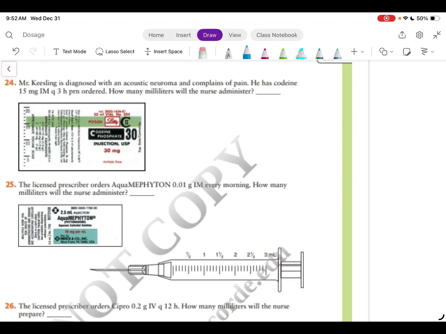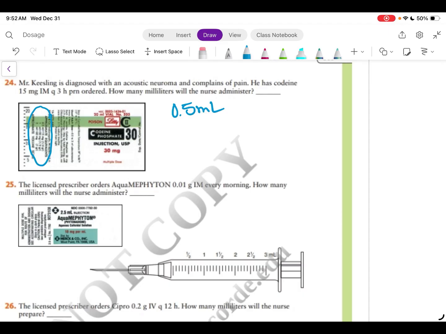All right, let's see. Number 24. There's an order for codeine 15 milligrams. How many milliliters will the nurse administer, right? If you're looking at the label very carefully, there's this section down here that basically gives the answer away, because it's telling you that 0.5 milliliters is equal to 15 milligrams, right? So if you read that part, you don't even have to do any math.